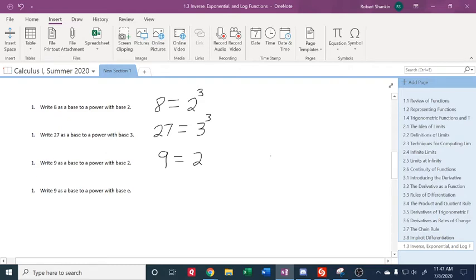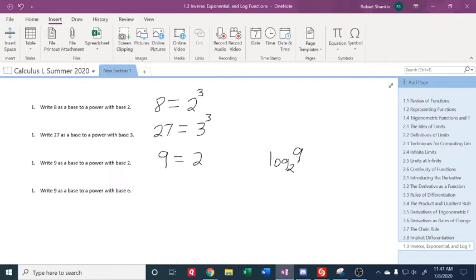I said log to the base of 2 and then 9 right next to it. Okay. And remind me who you are again? Josh. Okay. Yeah. All right, so log base 2 of 9, right?